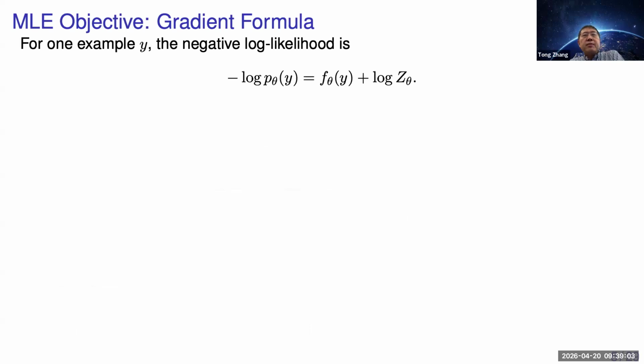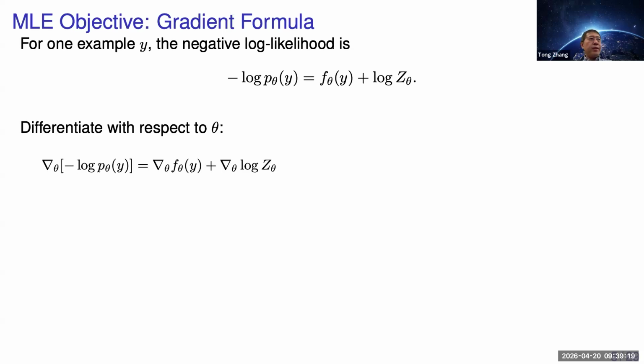First, we will look at the maximum likelihood estimate. In the maximum likelihood estimate, the log likelihood is basically this. This is coming from the previous slide. So this is the form, and we take the gradient.